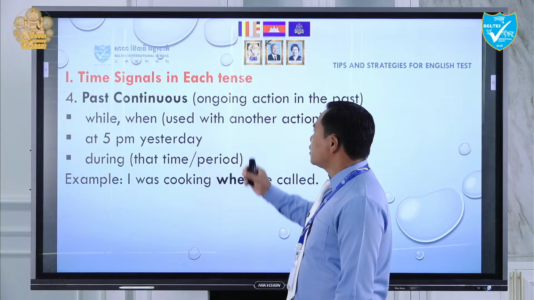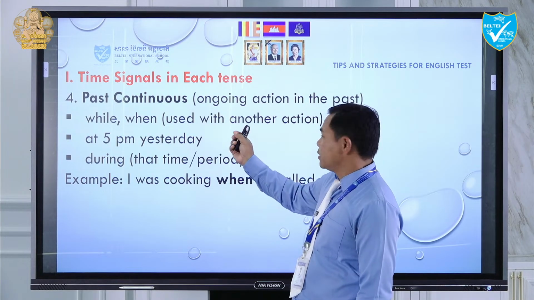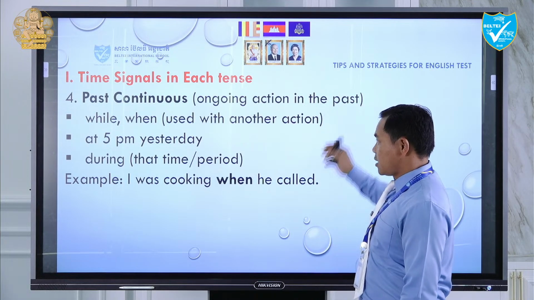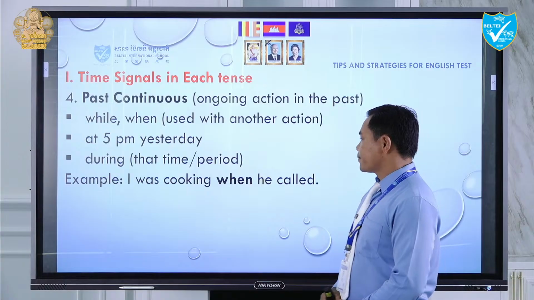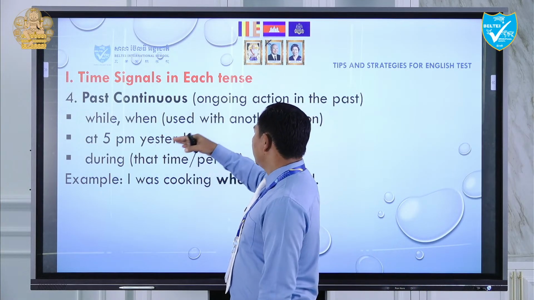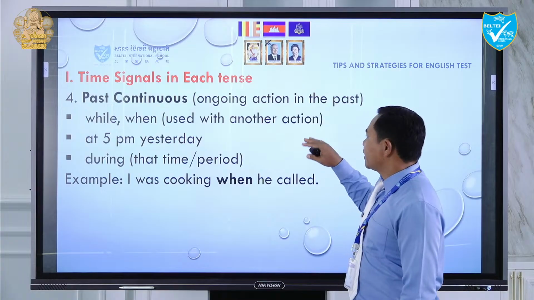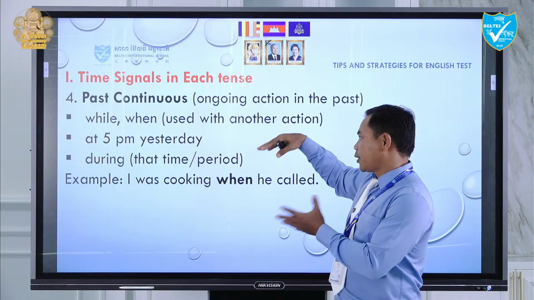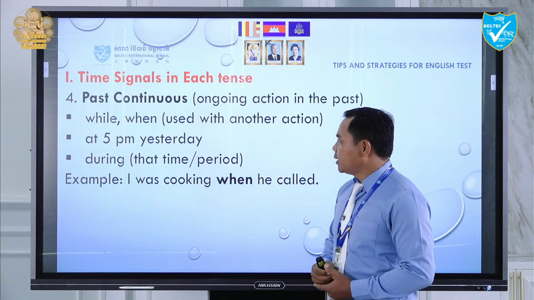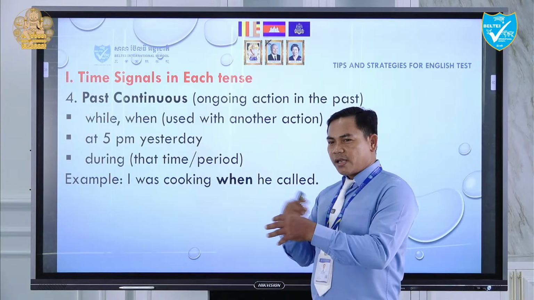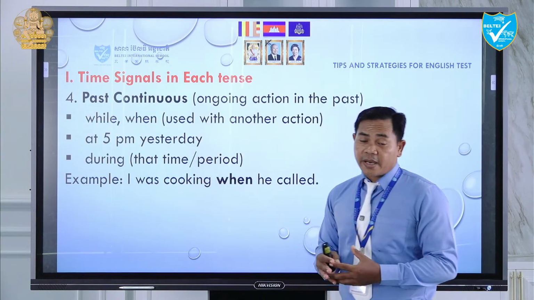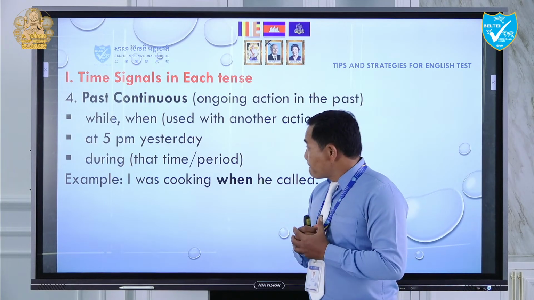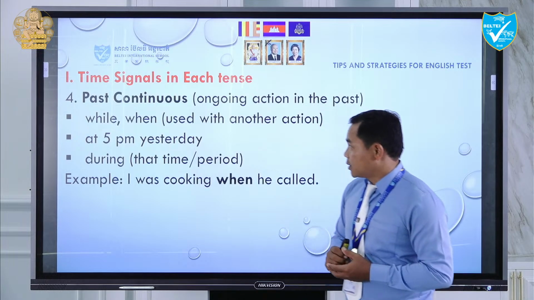And number four, past continuous or past progressive. We talk about an ongoing action in the past. You can use while or when with another action. While or when with past continuous, when with past simple, to show actions happening at the same time, or an interrupted action as well.